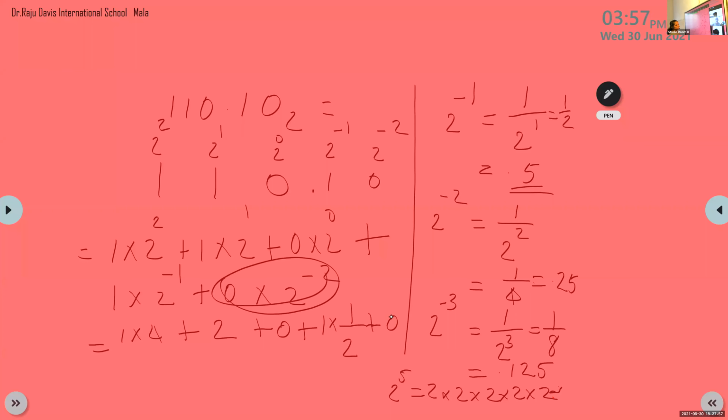So 4 plus 2 plus 1 into 1 by 2. What is 1 by 2? It is 0.5. Then add these values. 4 plus 2 is 6, and 6 plus 0.5 is 6.5.